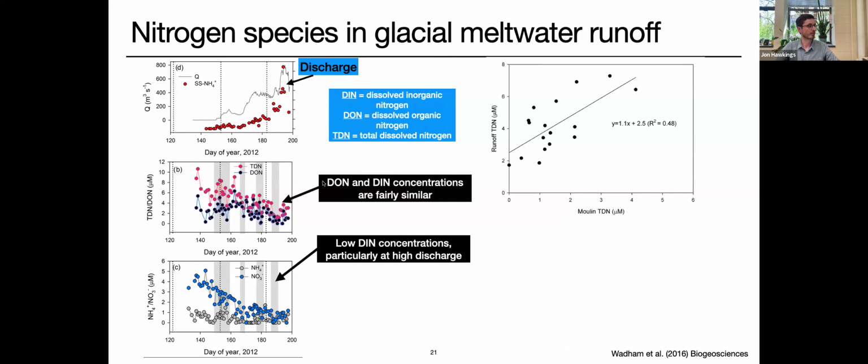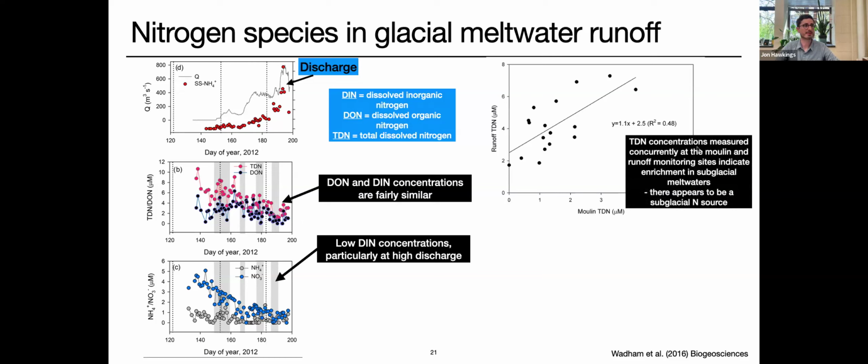We have dissolved organic nitrogen in the meltwater as well, which has a similar concentration to dissolved inorganic nitrogen. So slightly higher in the early season, maybe around 5. In the late season, similar to dissolved inorganic nitrogen, around 1 micromolar. But these are relatively low concentrations.